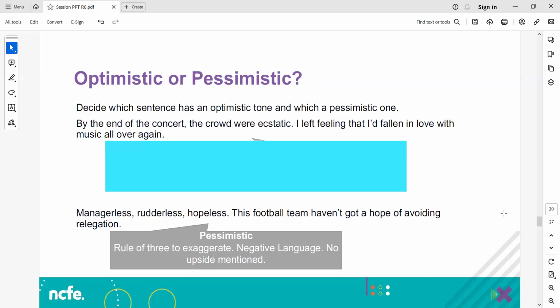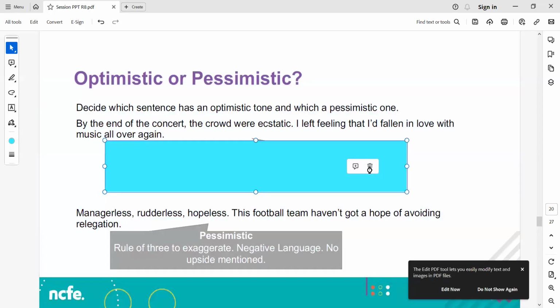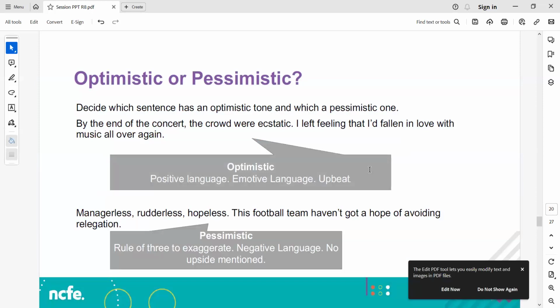It tells us I'd fallen in love with music. So it's that positive language. It's emotive, I'd fallen in love. The crowd were ecstatic. It's upbeat.